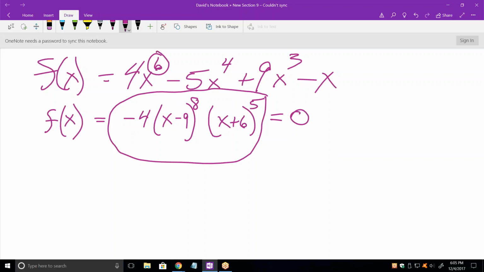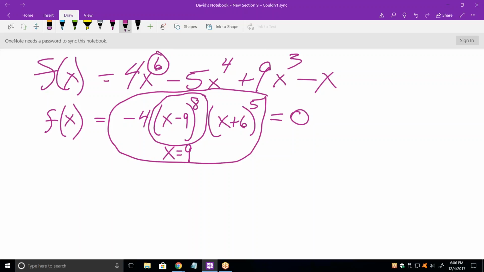If we solve that, setting it equal to 0, what does x have to be? Is it x equals -9? Not -9, +9. Positive. In other words, if I were to let x be 9, then I would have 9 minus 9, 0. 0 to the 8th power is still 0.